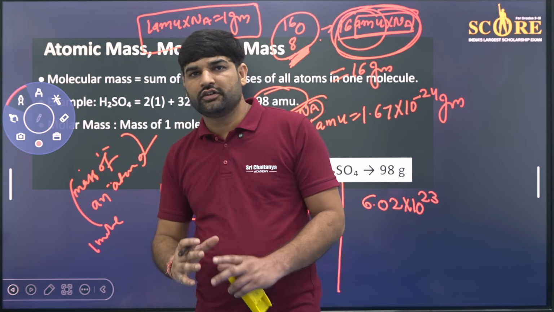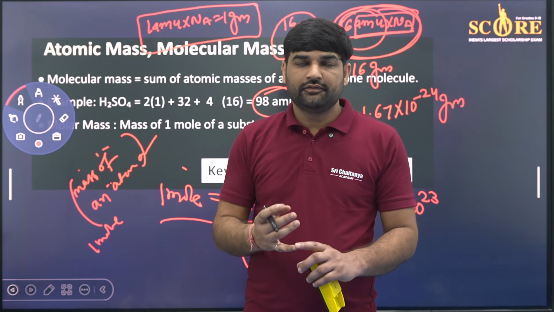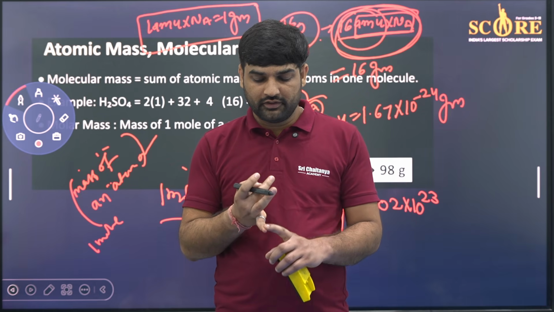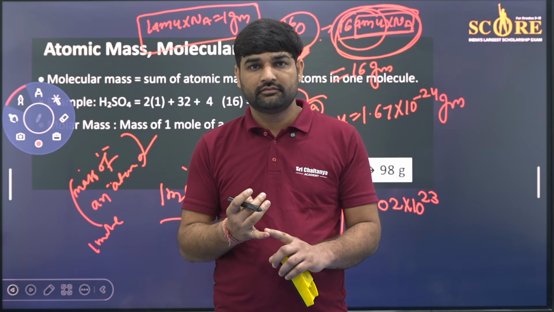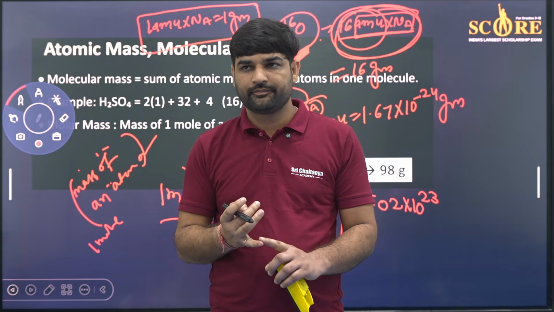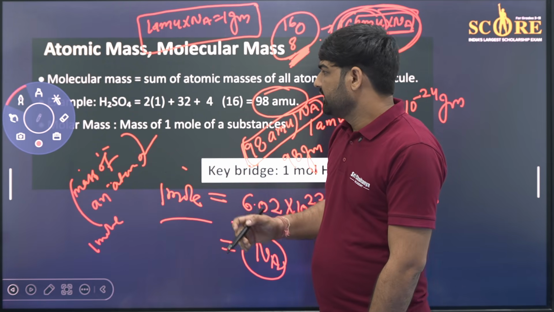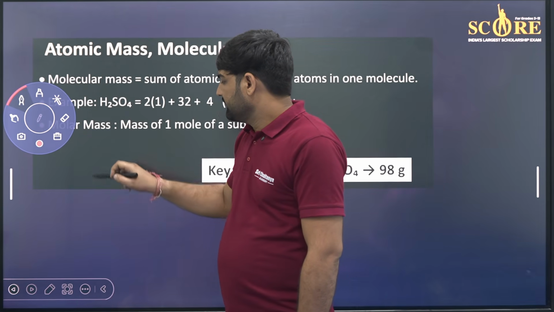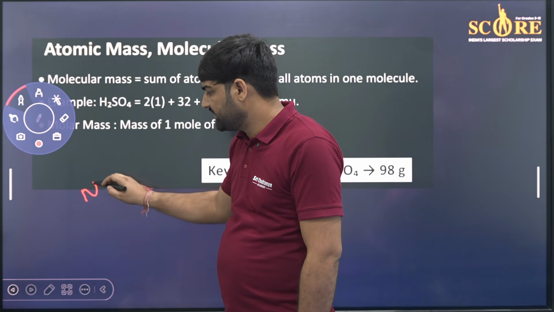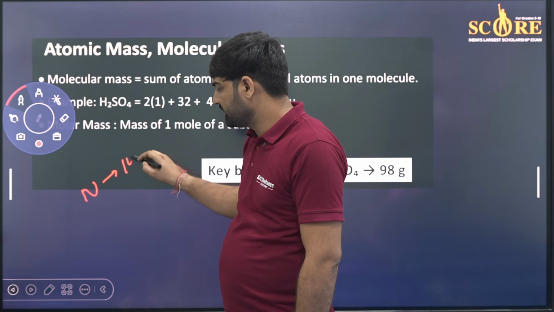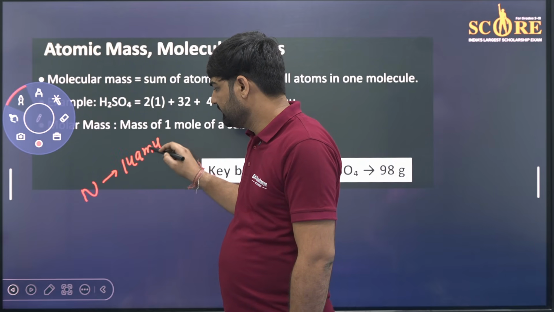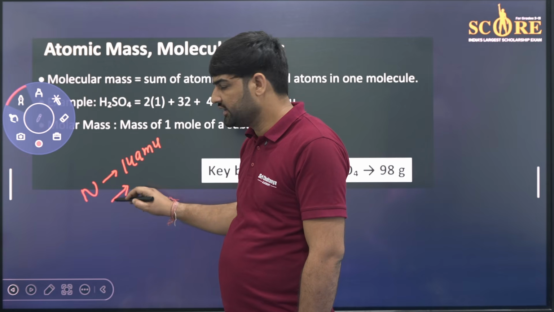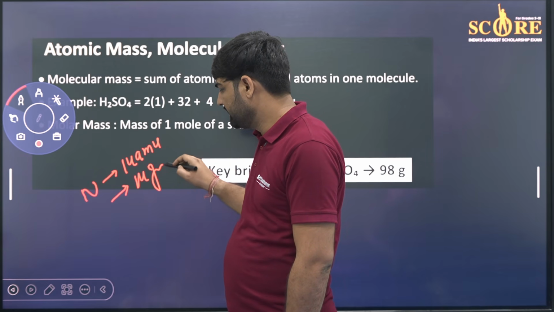Finally, I want to conclude that if we have a single atom or single molecule, for example a single nitrogen atom, then you have mass 14 AMU. If you have 1 mole of nitrogen atoms, then you have mass 14 gram.